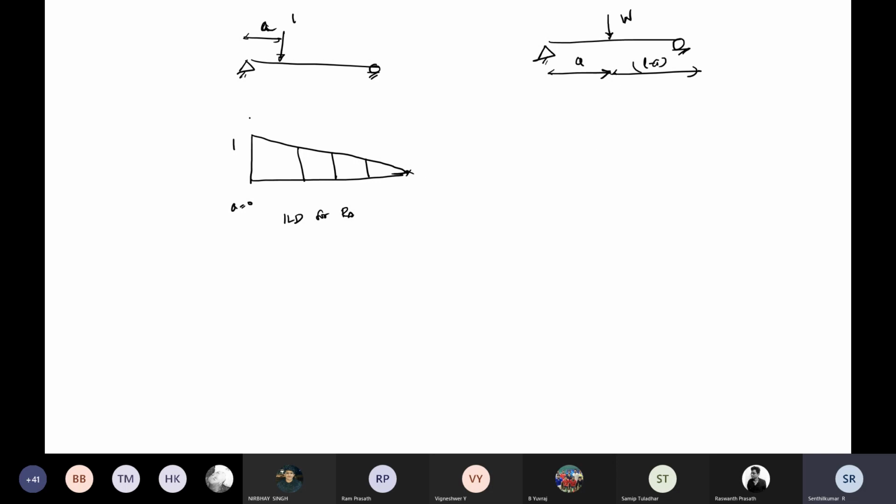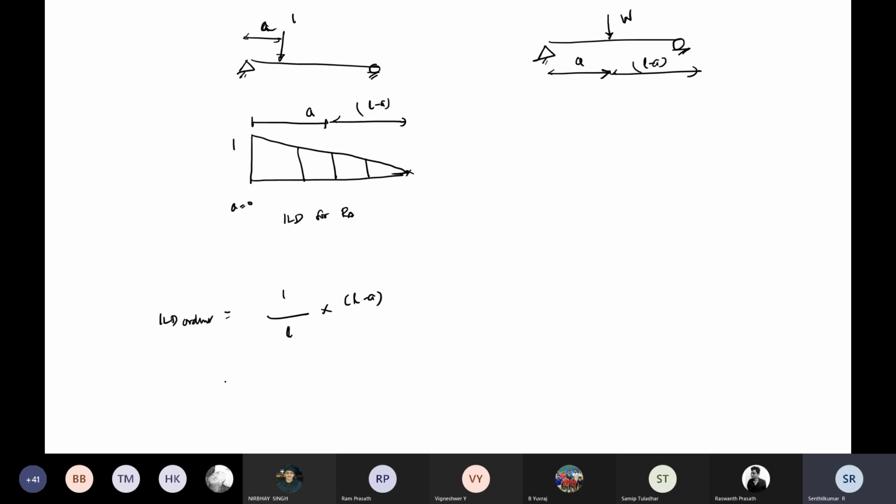At A, what is my ordinate? For L distance, this value is 1. And then for the L minus A distance, I can find out this ILD ordinate.